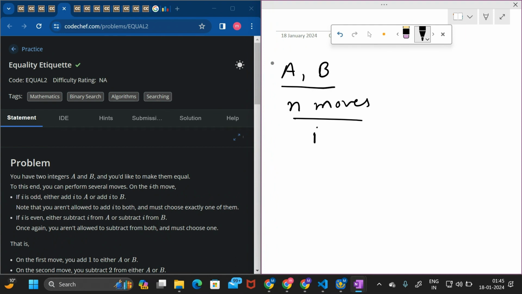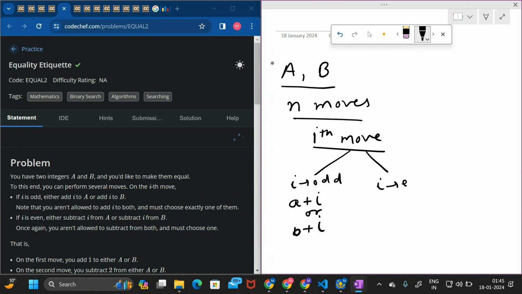If we are on the ith move, if i is odd, we can do A plus i or B plus i, and if i is even, we can do A minus i or B minus i.